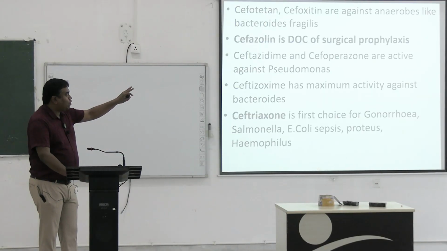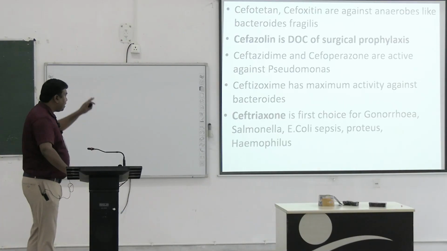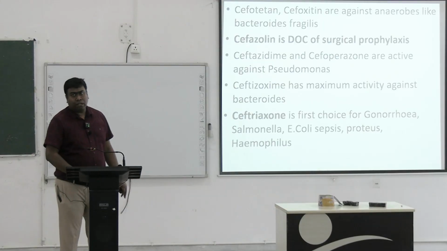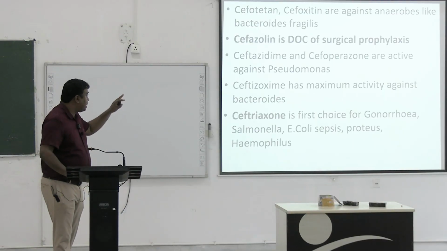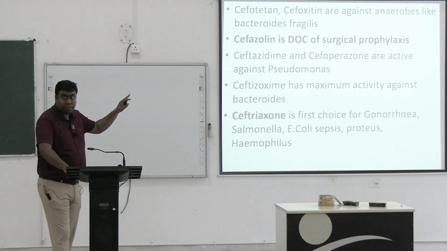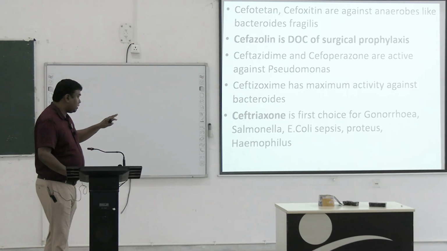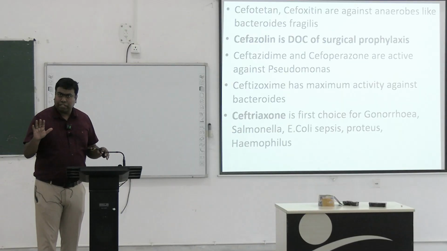Cefazolin, drug of choice for surgical prophylaxis. Ceftazidime, cefoperazone, active against pseudomonas. It is anti-pseudomonal cephalosporins. Anti-pseudomonal cephalosporins are, you have to remember, ceftazidime and cefoperazone, not ceftriaxone. সবকটাতে ceftriaxone বসিয়ে দেবে না। ceftriaxone কি হলো তাহলে?